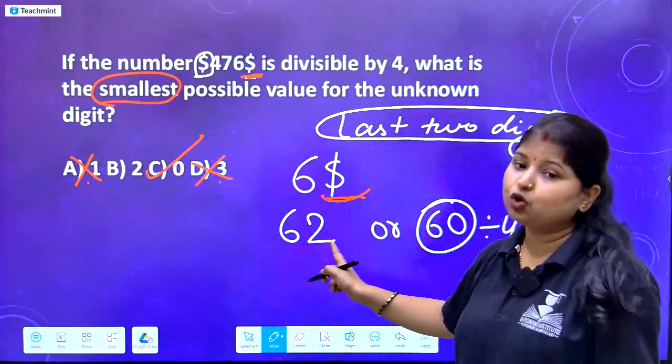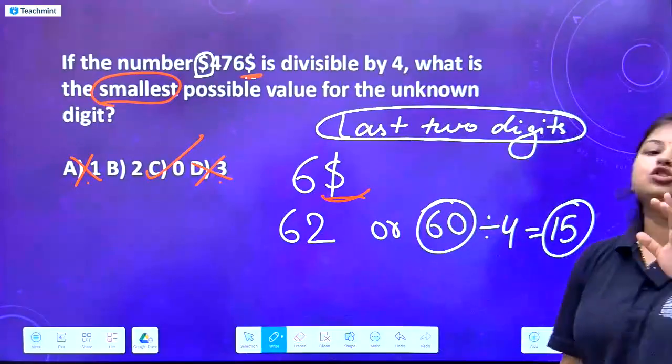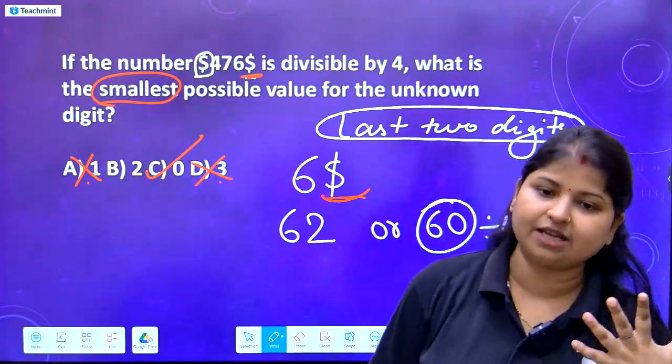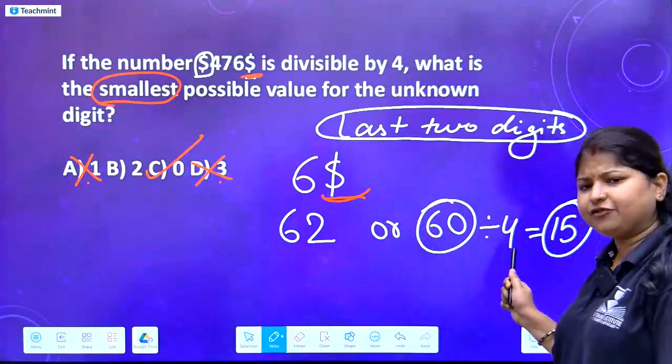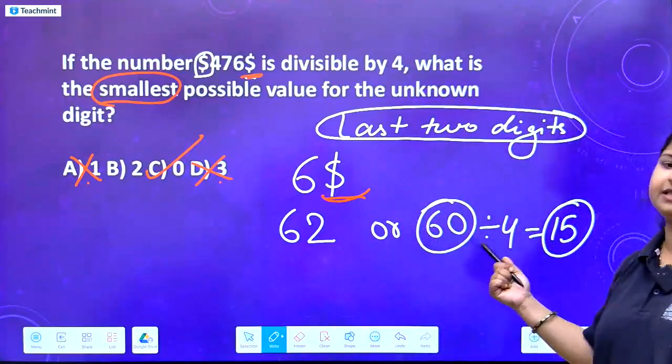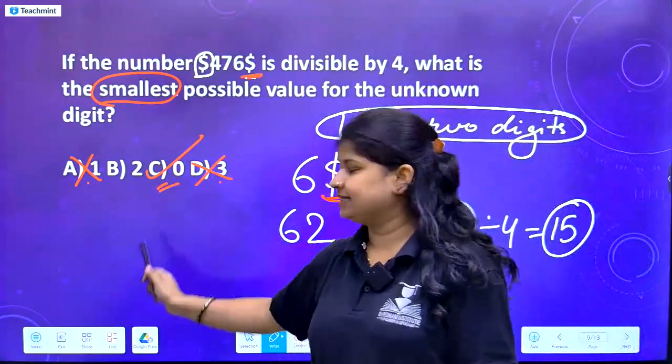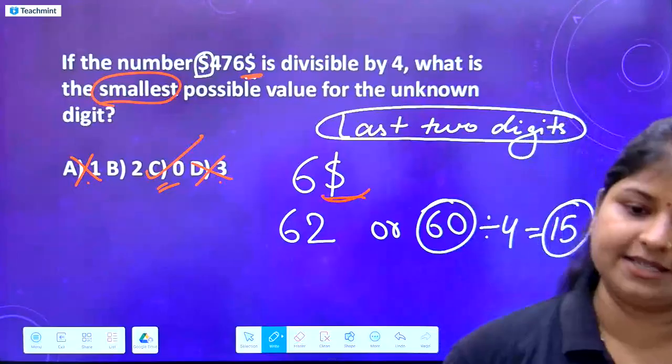I'm left with 2 and 0. The smallest digit is 0, so first I will check 0. 60 divided by 4, yes, it is completely divisible. 60 divided by 4 is 15. That's why my answer would be 0. In place of the dollar I can write 0.